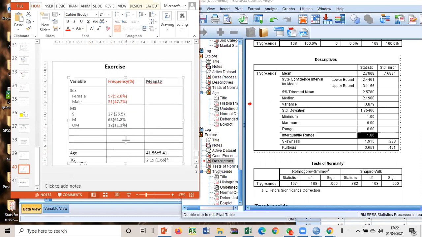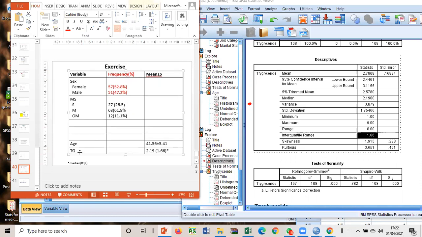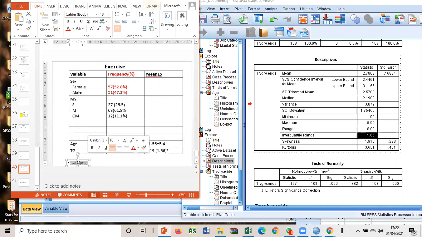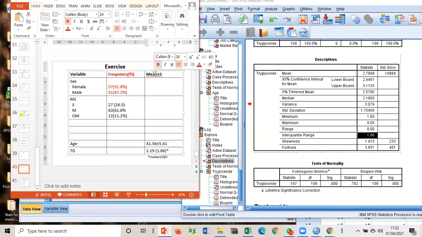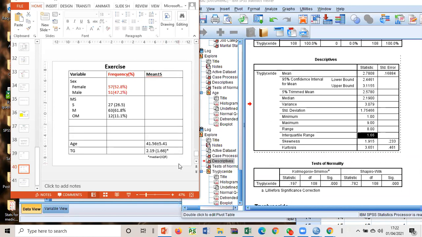Are you following this? Yes. All right. So this is median and interquartile range. It's not mean. Still under the column of mean, I can't be opening up one more column for median. So I put an asterisk sign and I put a footnote that is IQR, interquartile range.